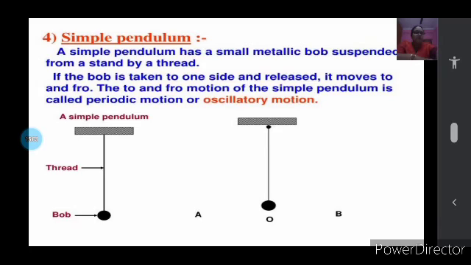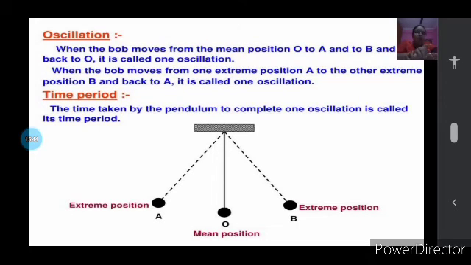So that is what they are saying. Like when you are playing on a swing, this is called an oscillation. When the bob moves from one extreme position A to the other extreme position B, and again goes back to A, it is called one oscillation. It completes one oscillation.